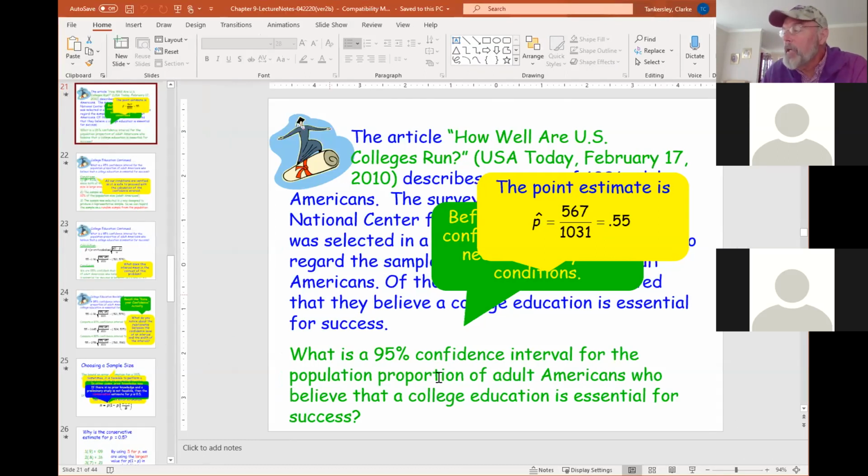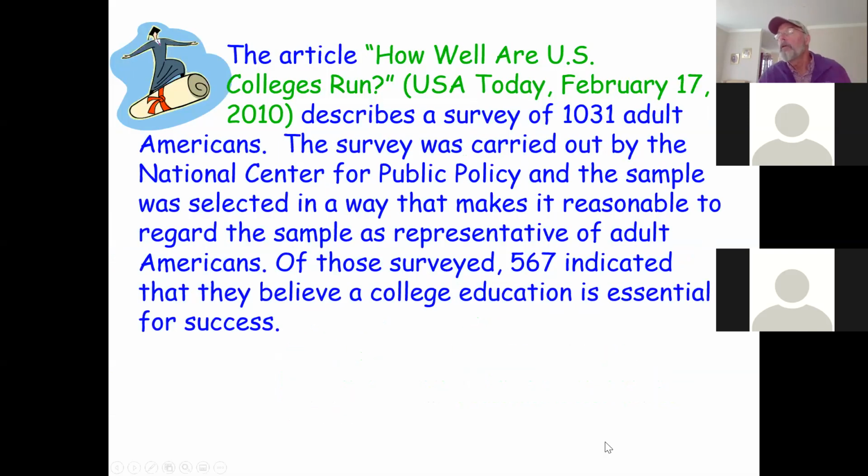So this is the idea here. This is one of the examples in the book, and it goes through a use of confidence intervals for a proportion, okay? A proportion.